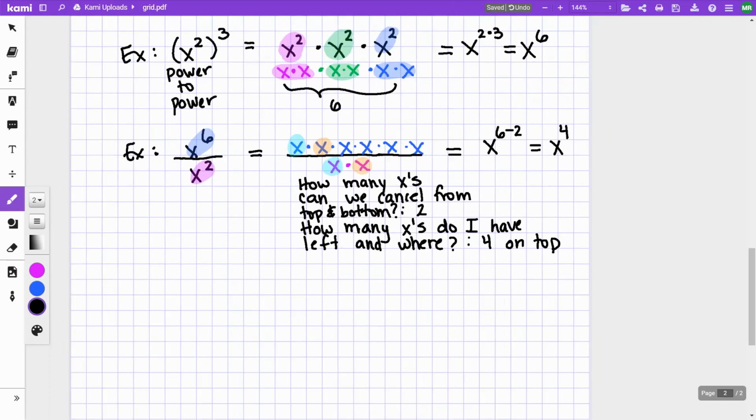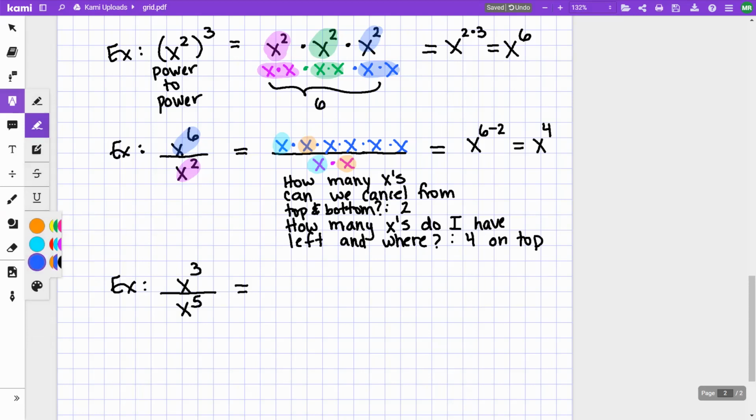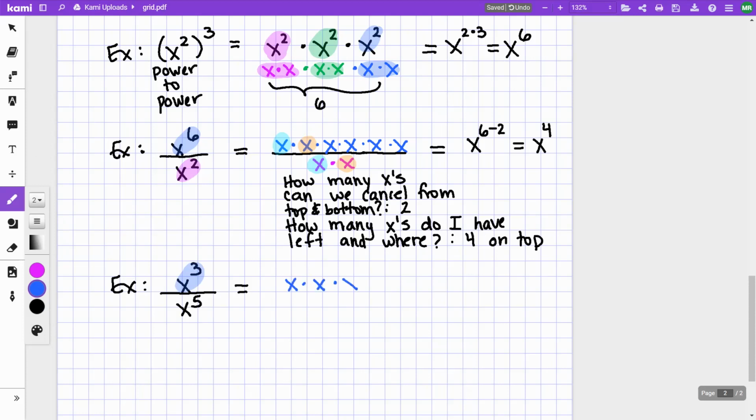Now, let's say instead I had it like this, where I had x to the 3rd over x to the 5th. Okay. And I was to write this out. So if I was to write the top out, that would end up being 1, 2, 3 on top.